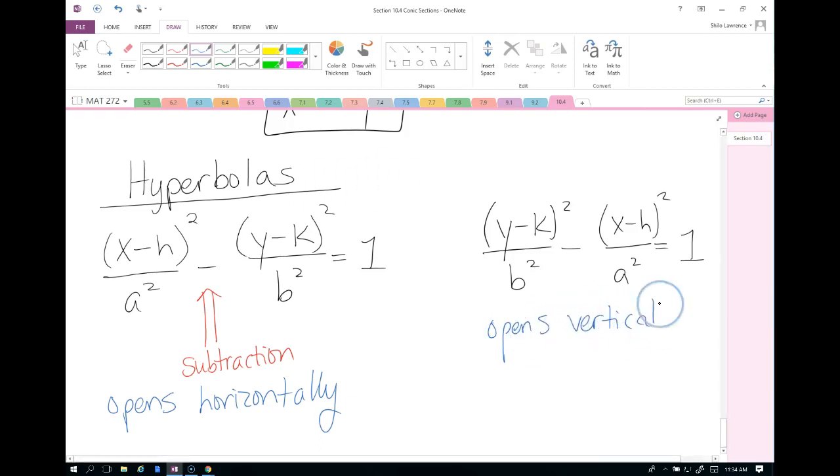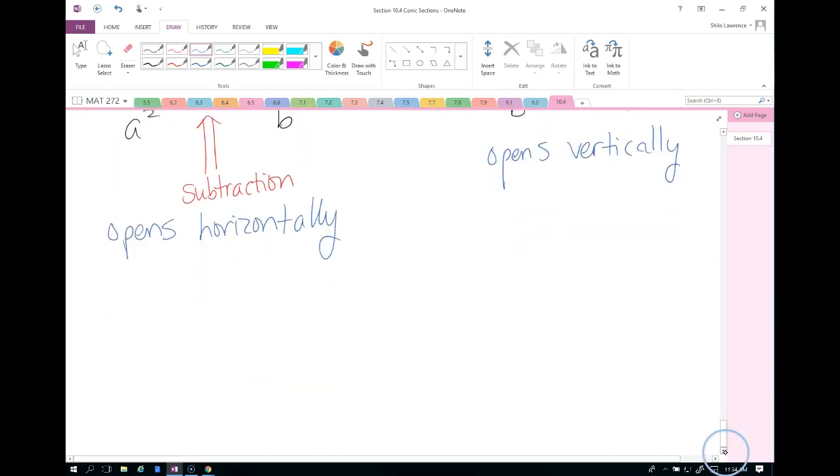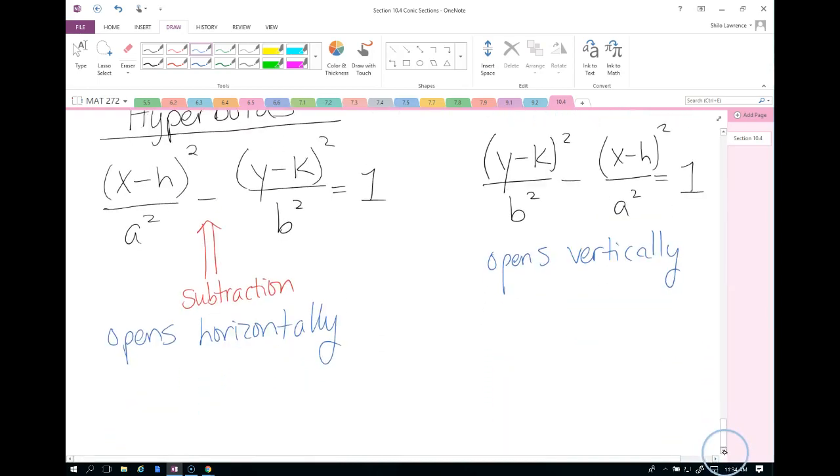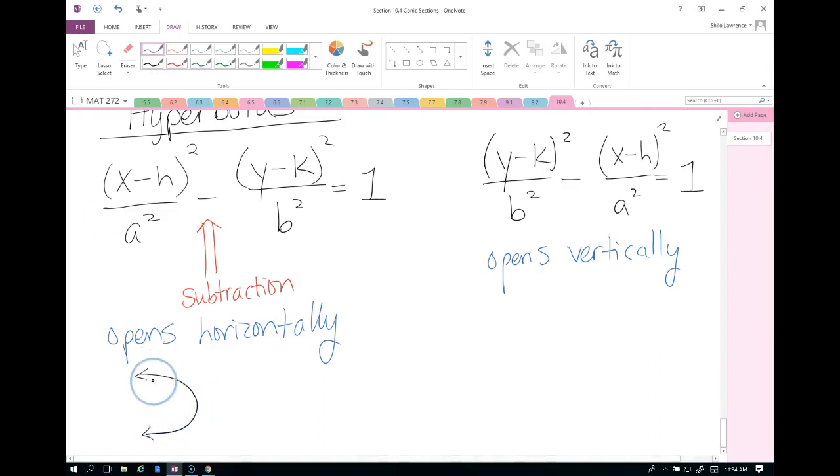So one piece is going to open up, the other piece is going to open down. So here, it's going to look like this. And then this one will have one up and one down.